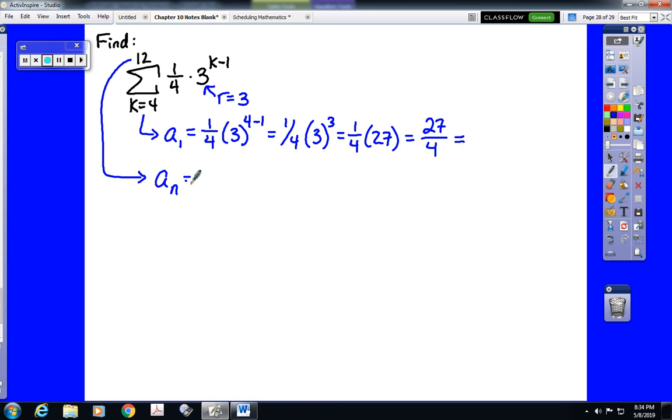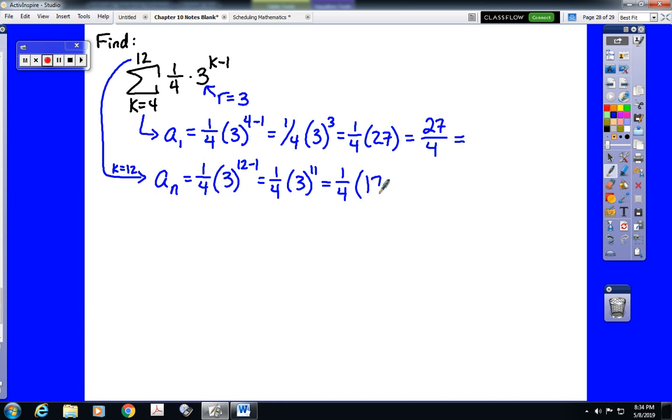The nth term would be when k equals 12. The top number. So that would be 1/4 times 3 to the 12 minus 1 power, or 1/4 times 3 to the 11th, which would be 1/4 times what is undoubtedly a scarily big number.